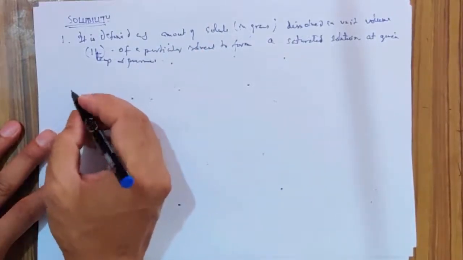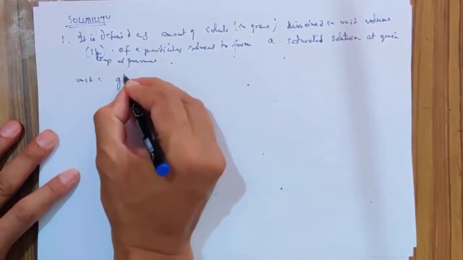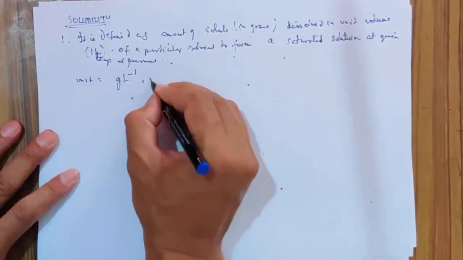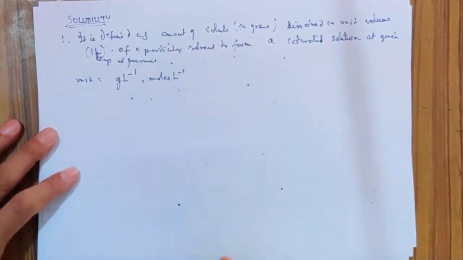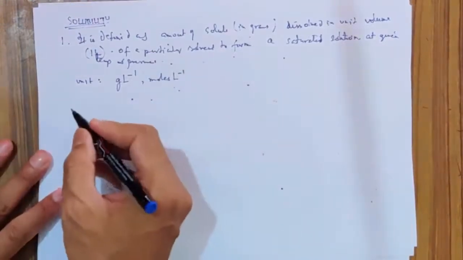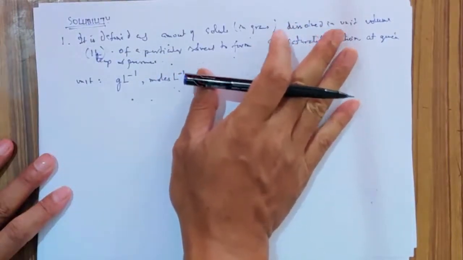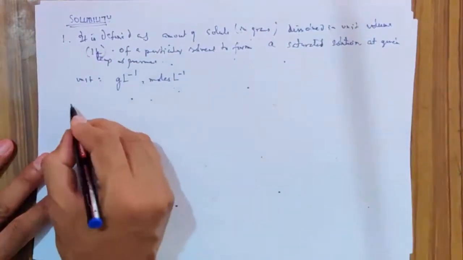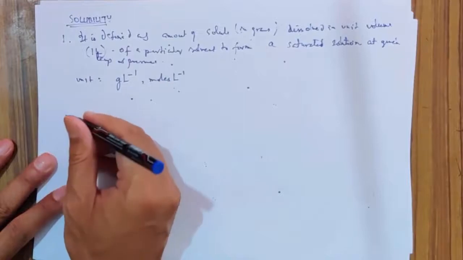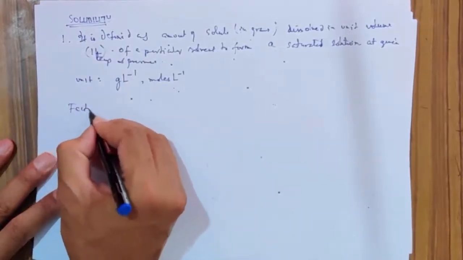This is solubility, right? What is the unit of solubility? Gram per liter. Sometimes we use moles, so moles per liter. If this is solubility, on which factors does solubility depend?